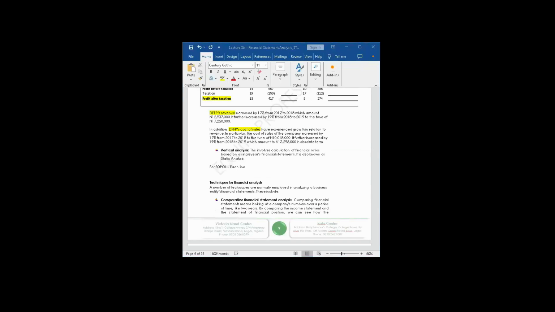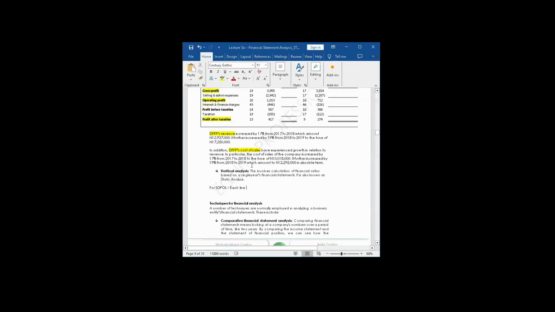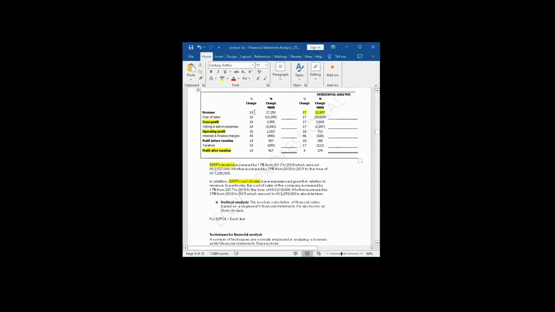Sorry, I'm muted. So I was saying that vertical analysis is more like the opposite of horizontal analysis. While horizontal analysis looks at multiple years, vertical analysis will help us to analyze a single year by converting each line item.